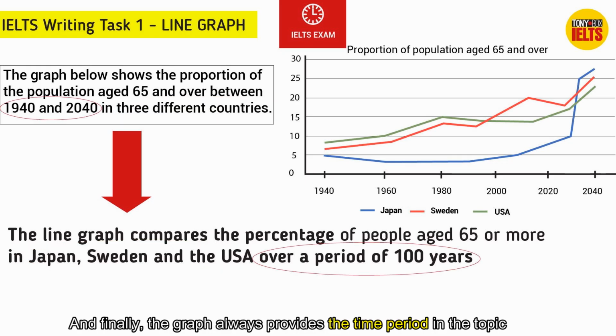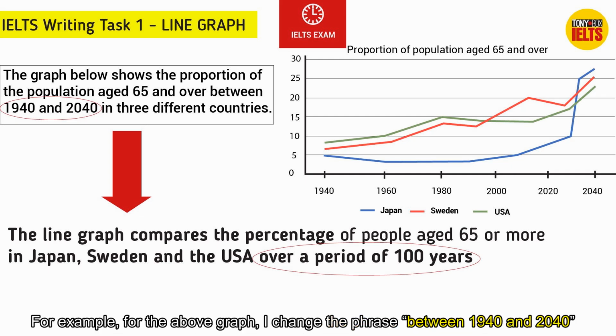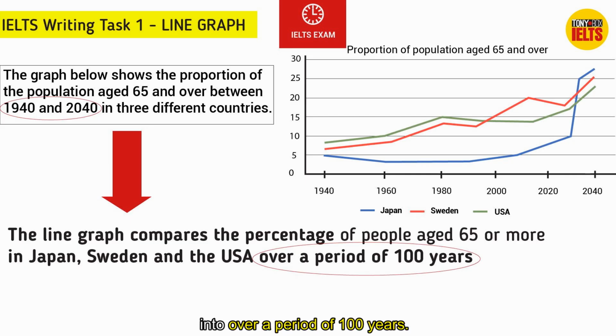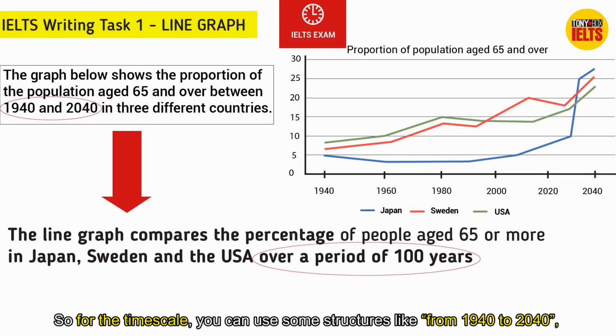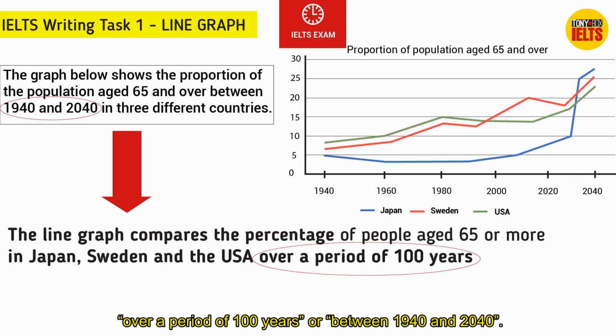And finally, the graph always provides the time period in the topic. For example, for the above graph, I changed the phrase between 1940 and 2040 into over a period of 100 years. So for the time scale, you can use some structures like from 1940 to 2040, over a period of 100 years, or between 1940 and 2040.